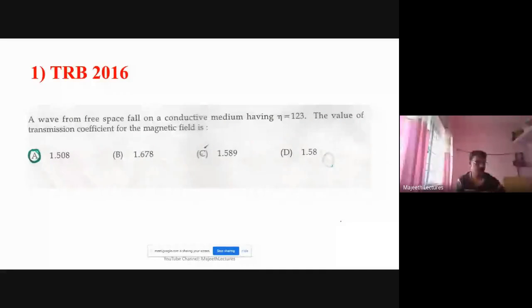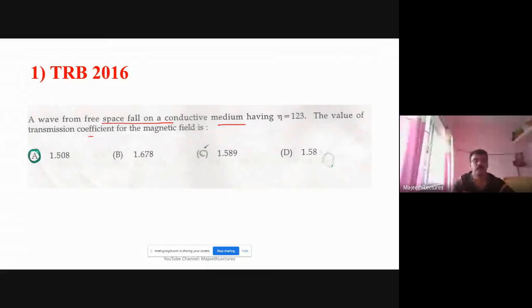Now we solve. This is a beautiful question. A wave from free space falls into a conducting medium.